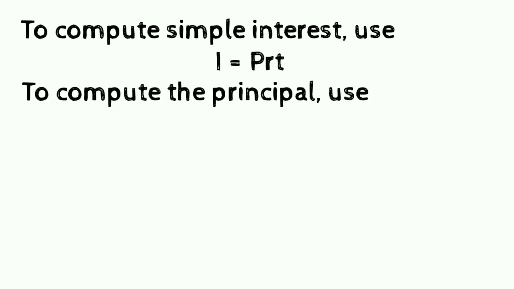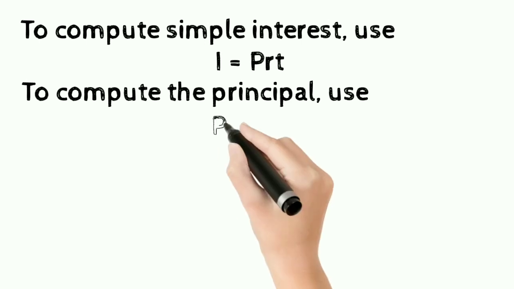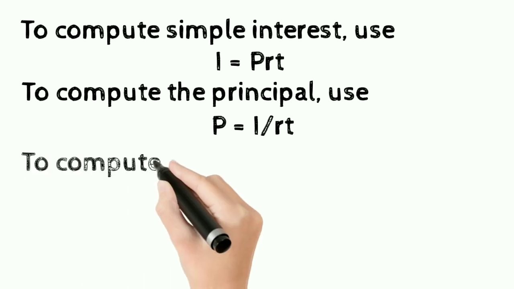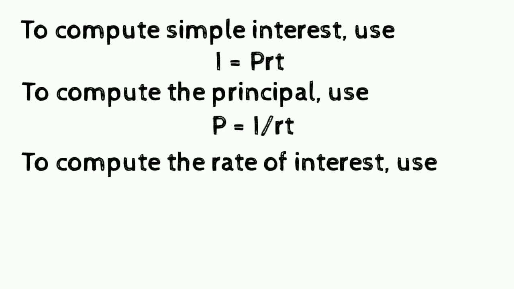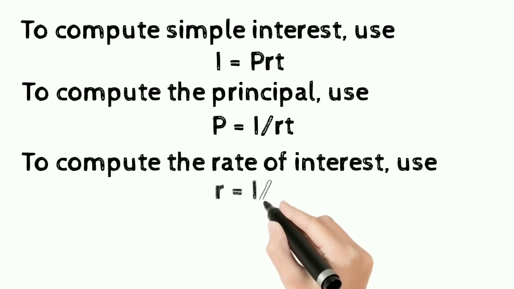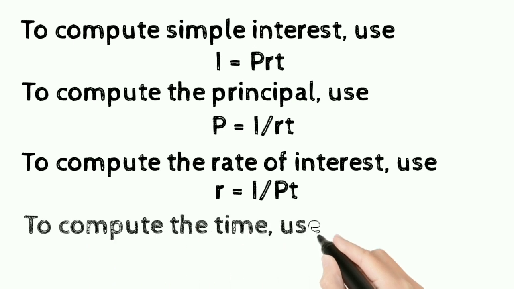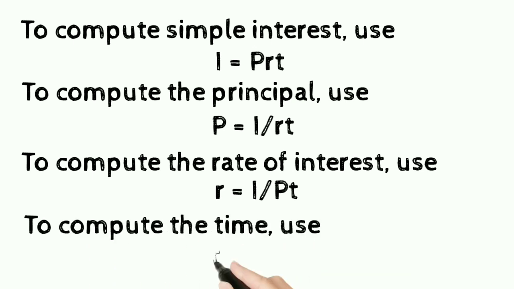How about the principal? Use the formula P is equal to I over RT. For the rate of interest, use the formula R is equal to I over PT. And for the time in years, use the formula T is equal to I over PR.